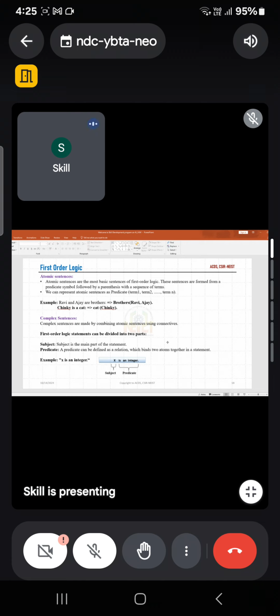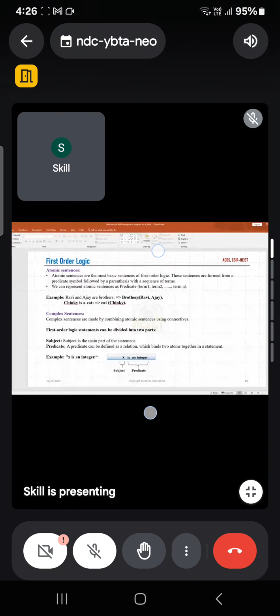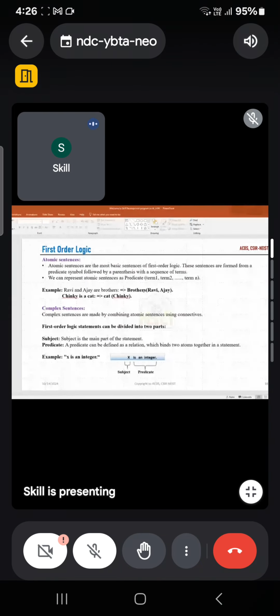Here you can see the syntax, how we can write the atomic sentence. First predicate, then term 1, term 2, up to term n. So this will be your predicate. We have already seen in the earlier slide that the predicate explains the relation among the terms we are using.